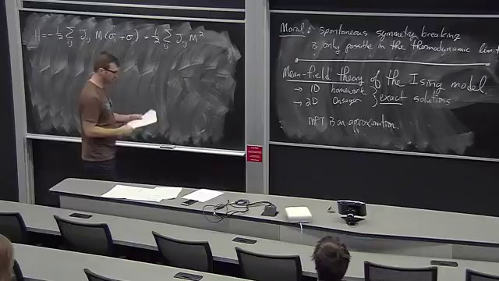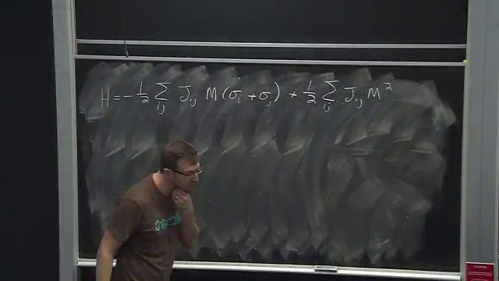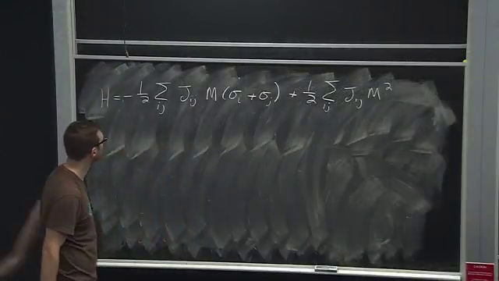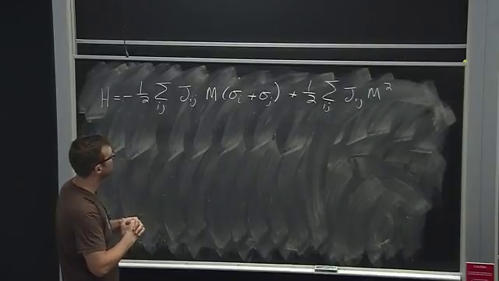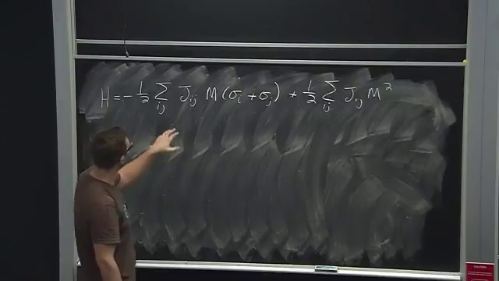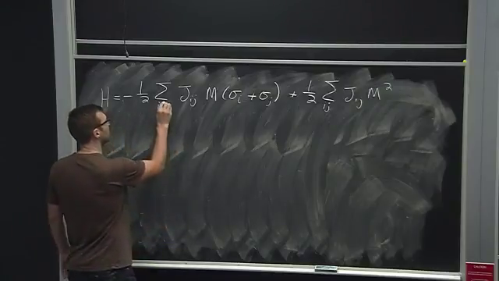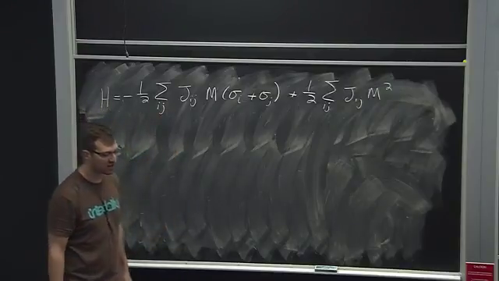Let me just keep B equal to 0 for now. Okay, so things look different. Now I have a sum over ij and a J_ij.